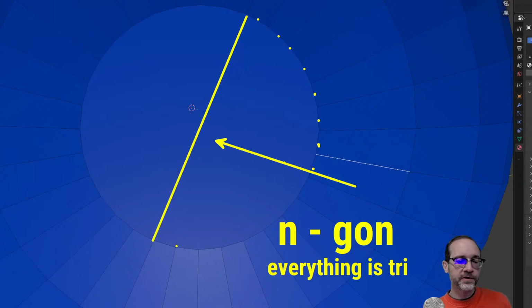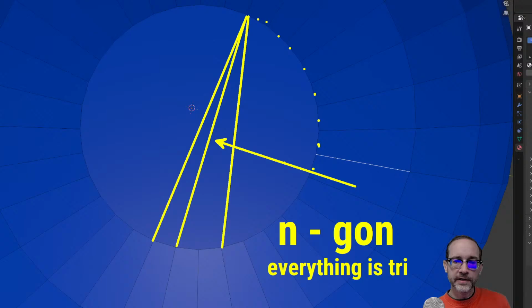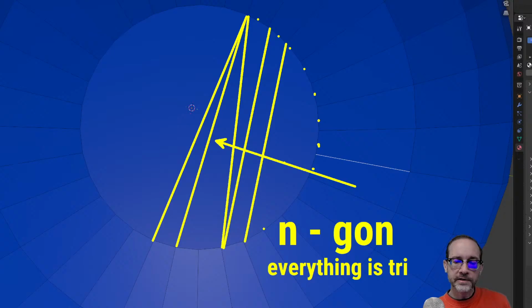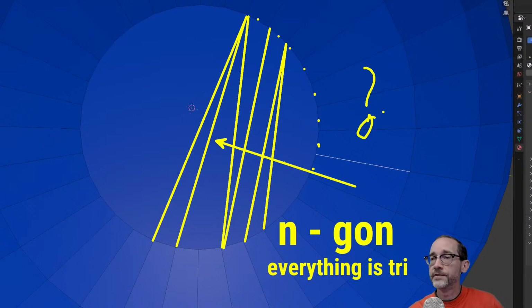Well, as soon as you start thinking about this, and as you start to draw triangles here, you realize there would be perhaps many different solutions as to how we would divide this n-gon into triangles. And so that's the issue: the computer will do some automatic division of this into triangles, which will affect the shading and affect the topology to some extent, and you have lost control over how that appears on screen.